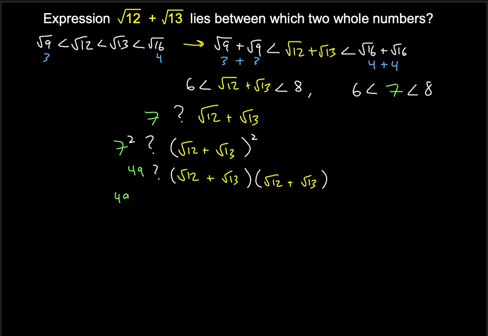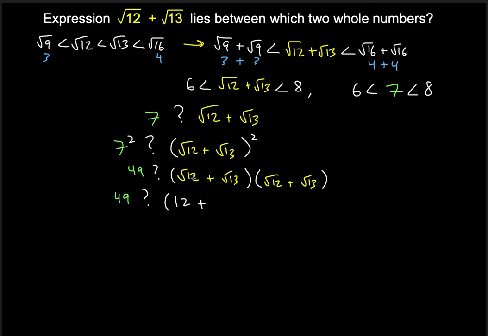So we're going to have 49 question mark. Using the FOIL method, the first product is radical 12 times itself, which is 12. Then radical 12 times radical 13 will be two of these products, because the outer and the inner give you the same number, so it's twice that.